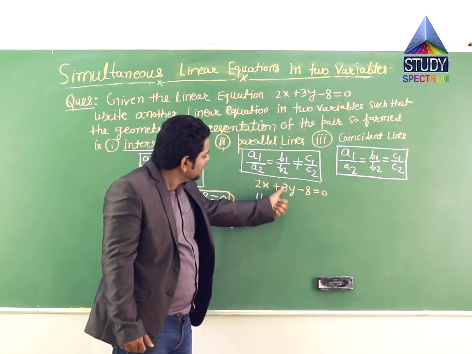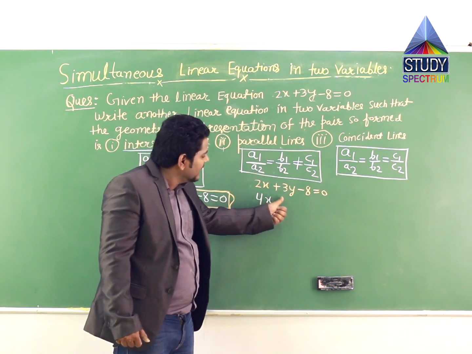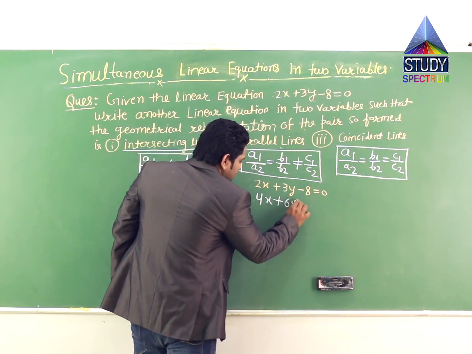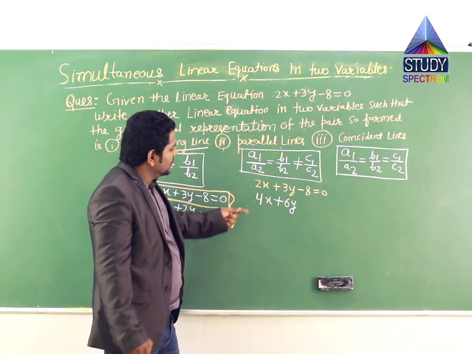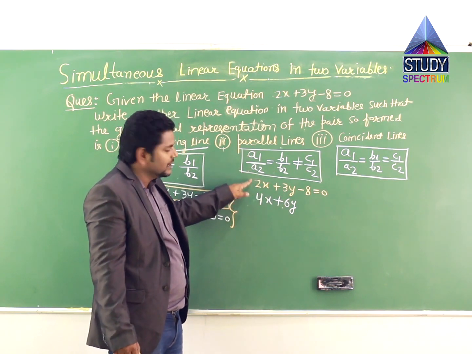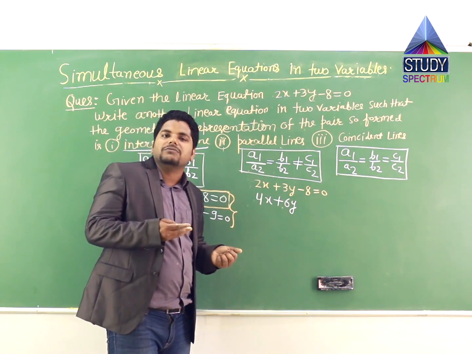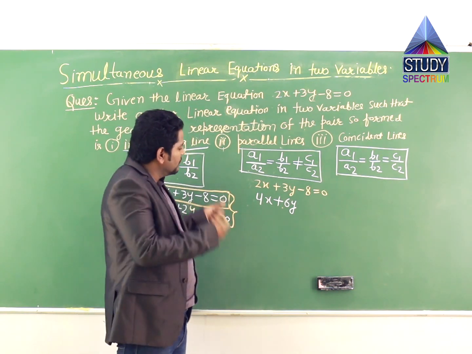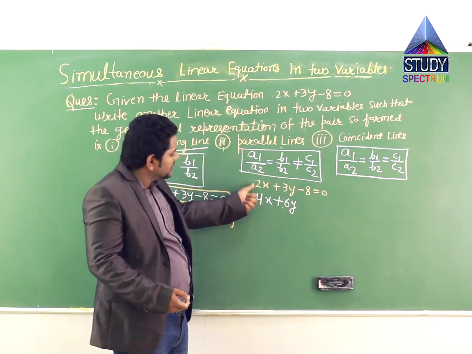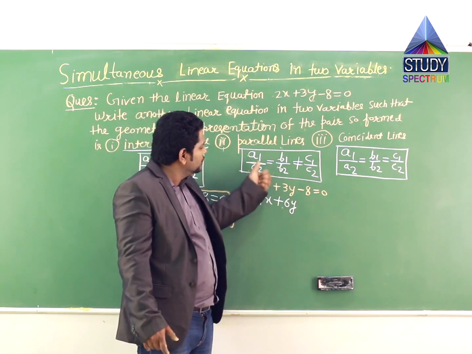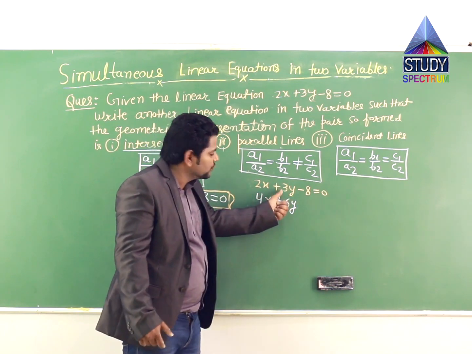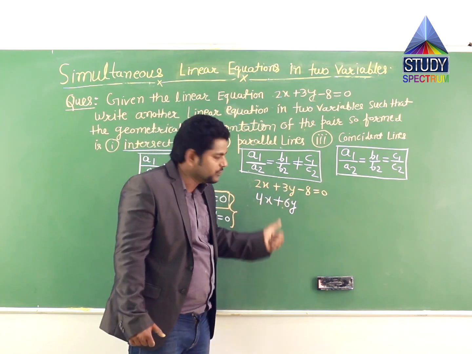So to make it 1 by 2 here, we'll write plus 6y to make it half, because we have taken the ratio a1 by a2 of our own will. So b1 by b2 should also be 1 by 2. So here it is 6.